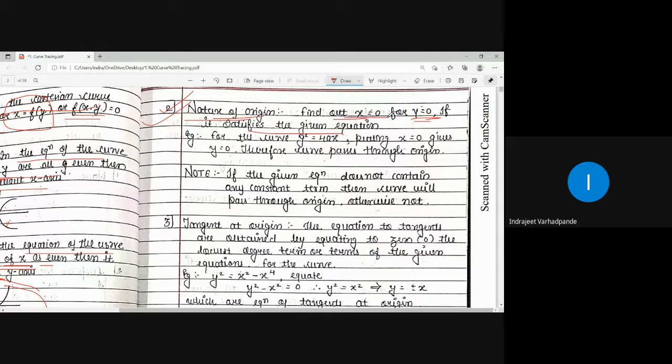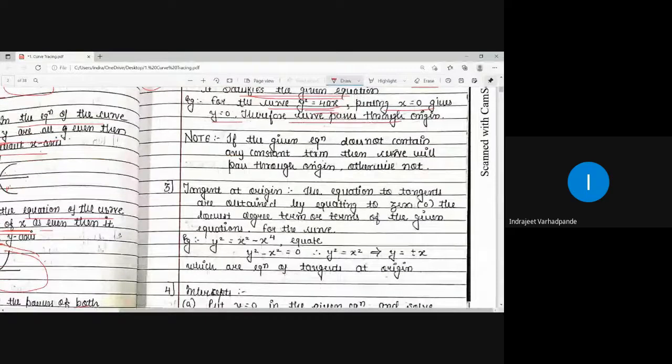So find out x equal to 0 for y equal to 0 if it satisfies the given equation. For the curve y square is equal to 4ax, putting x equal to 0 gives y equal to 0. Curve passes through origin. If the equation does not contain any constant term, then the curve will pass through origin, otherwise not.